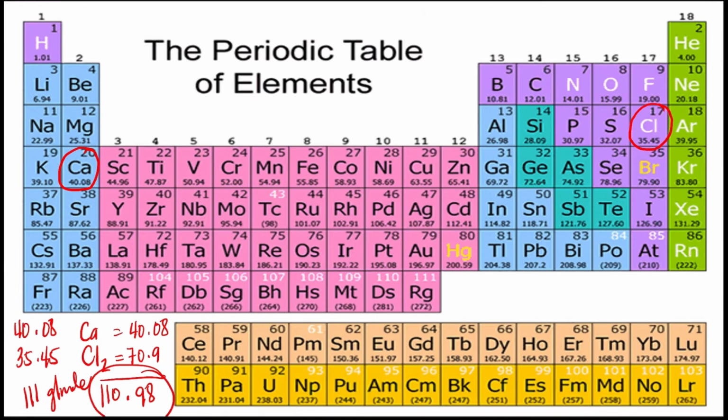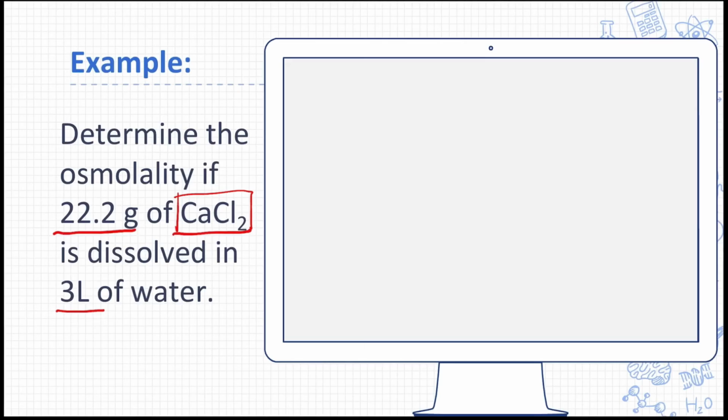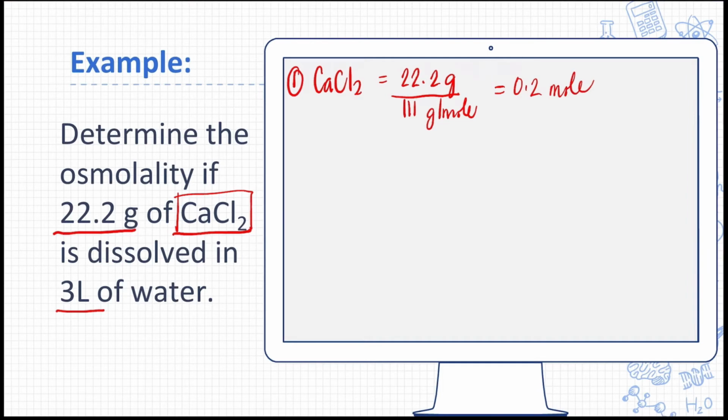So now that we have the molecular weight of calcium chloride, we can divide the mass by it to get the moles. Number 1, determine the number of moles of calcium chloride. Calcium chloride is equal to 22.2 grams divided by its molecular weight, 111 grams per mole. So this is 0.2 moles.